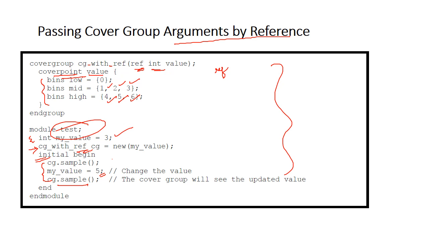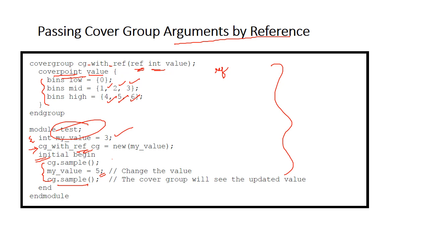Then comes the module definition part. Here the module is defined by the name test. Then comes the declaration of the variable part. So here we have my_value, which is declared as an integer and assigned the value of 3, and this declares an integer variable my_value and initializes its value to 3.